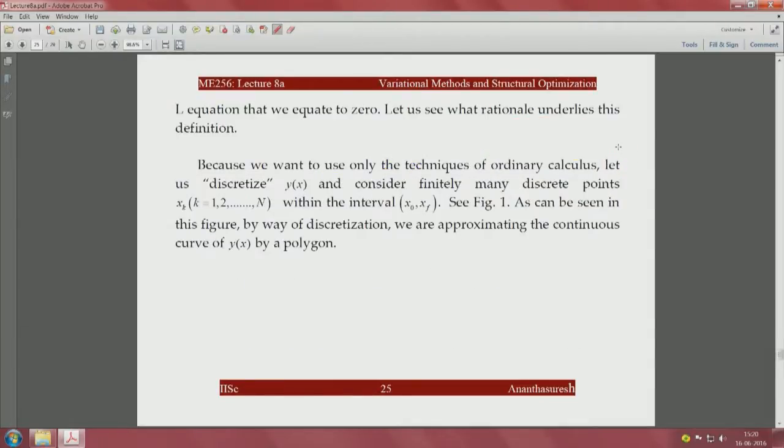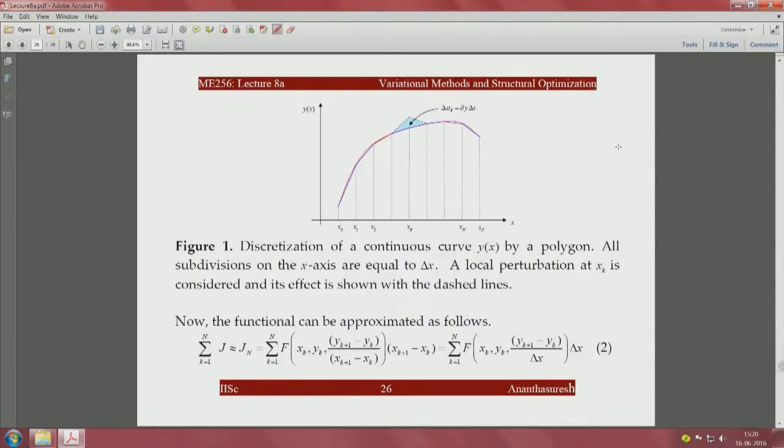If we look at this graph, we have an unknown function. You pretend that it is not an unknown function, you are discretizing, like here x0 to xn, and you say the heights are not known. At x0, I do not know what that height is, at x1 I do not know what that height is, I can call it y0, y1, those heights are not known.